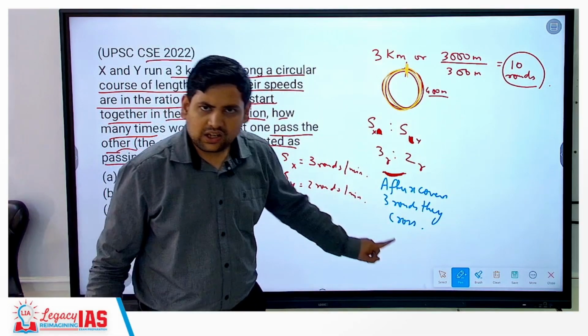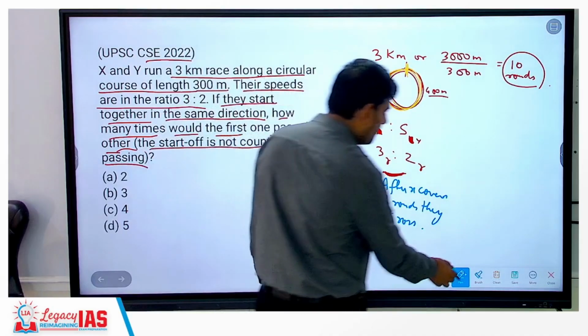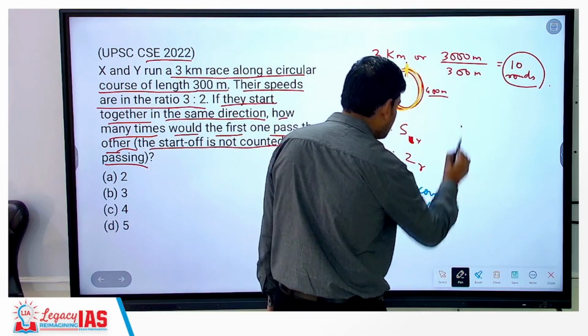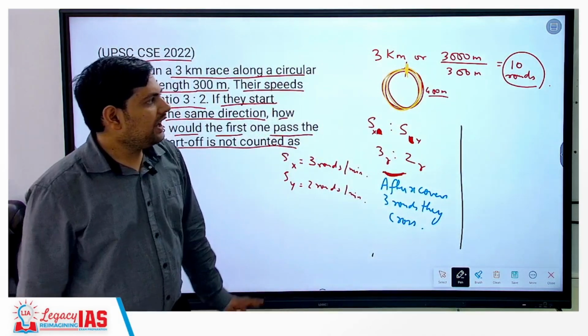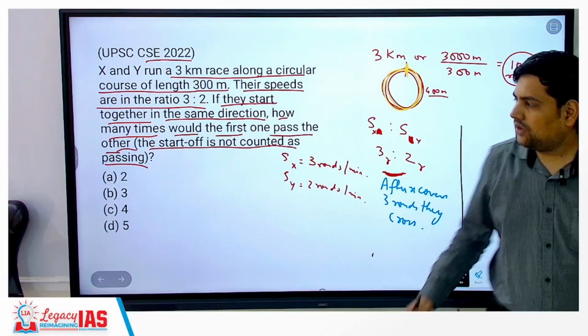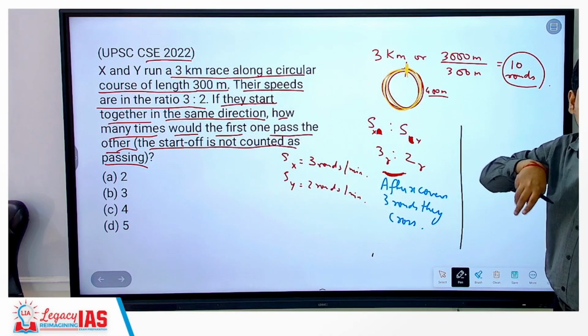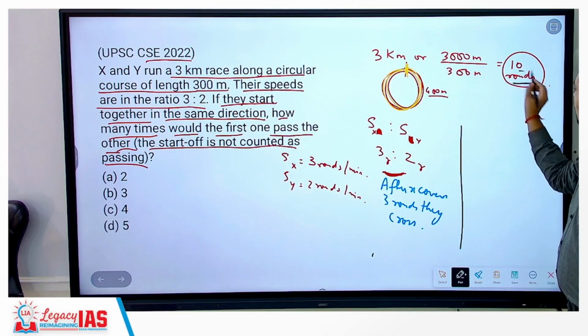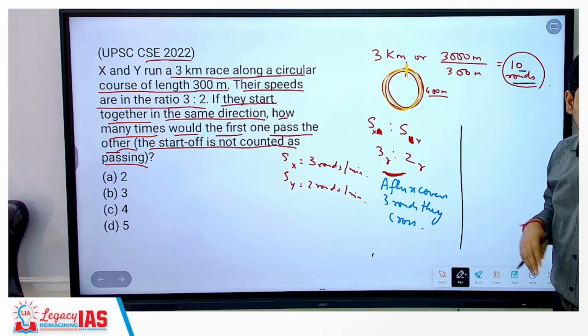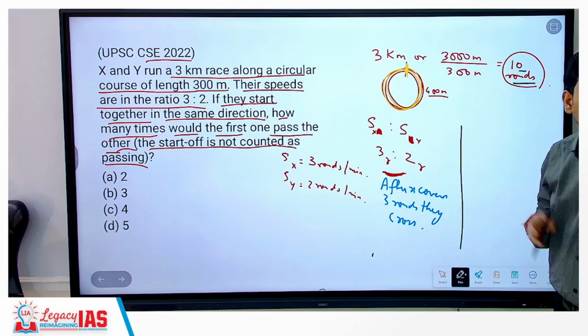Then the question is how many times they will cross in the entire race. Now entire race means what? If they are running for 3 kilometers, that means they will go for 10 rounds. If one of them reaches the end point, that you won't call as crossing.